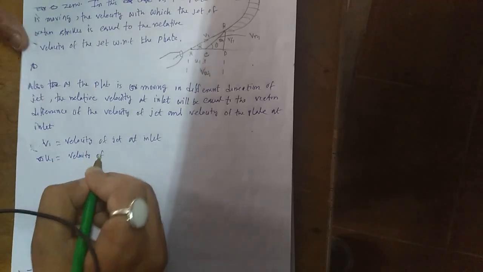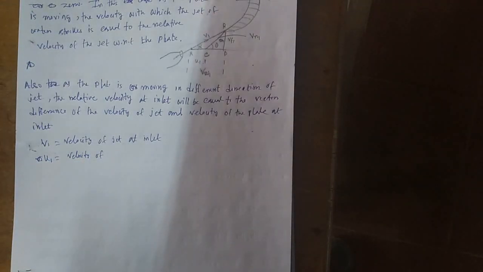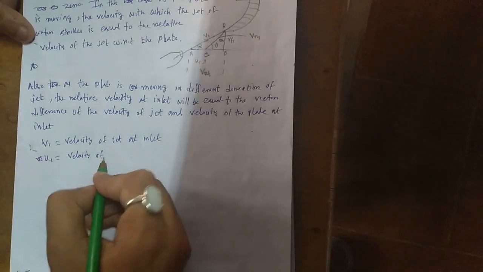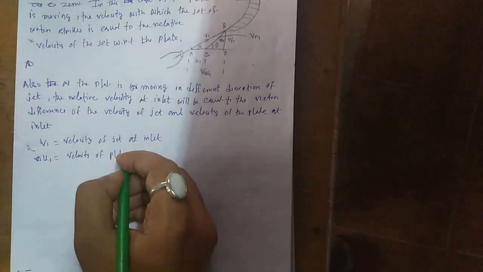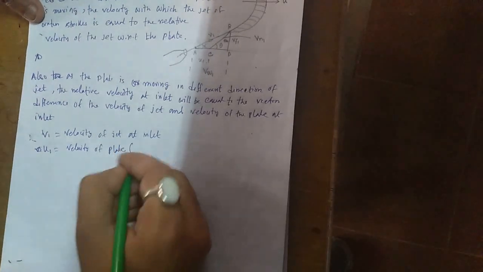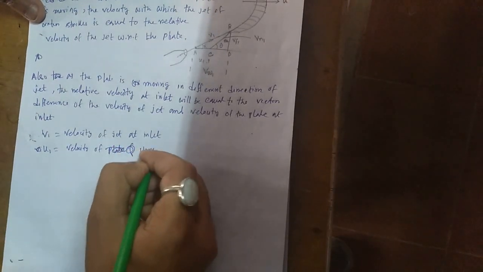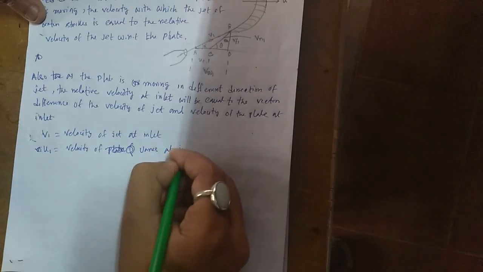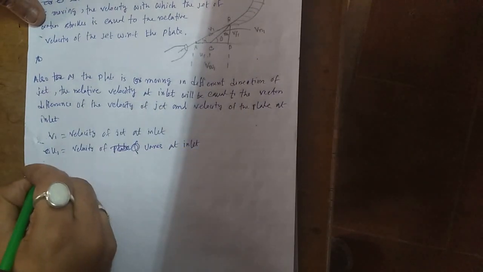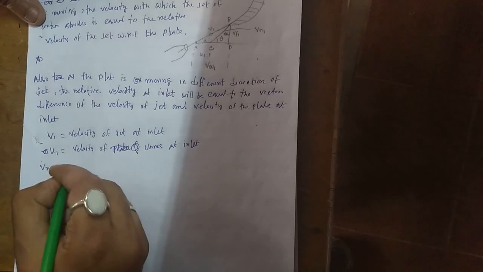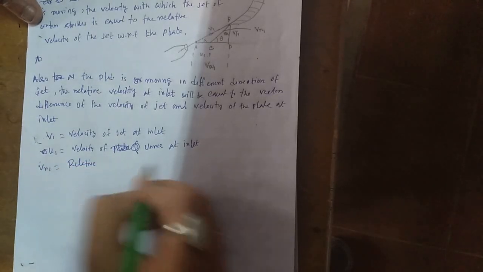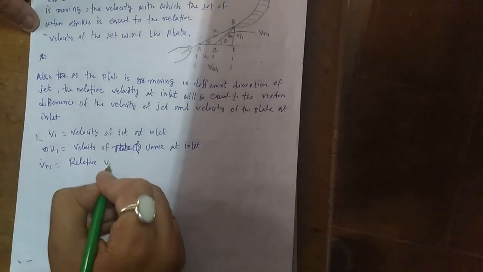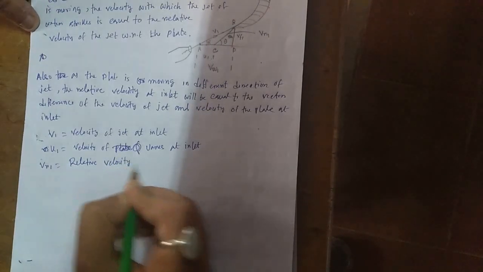Velocity of plate. Velocity of plate means velocity of vanes at inlet. Then what is VR1? That is relative velocity.